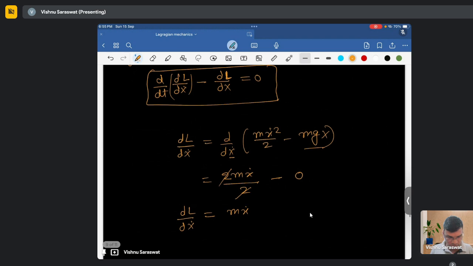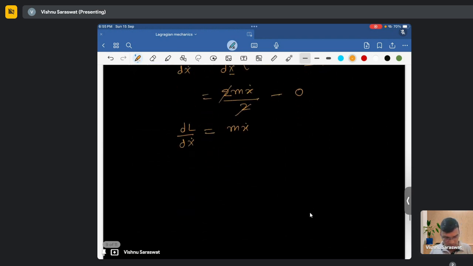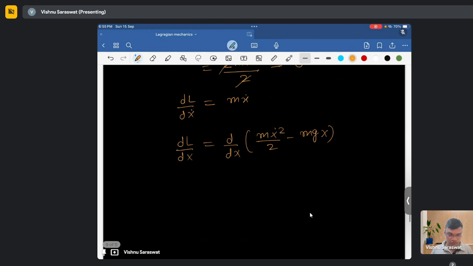Then we again calculate the partial derivative of Lagrangian with respect to position, del L over del x. So del over del x of m x dot square by 2 minus mg x. The first term has velocity, so it is not a function of position and is simply 0.